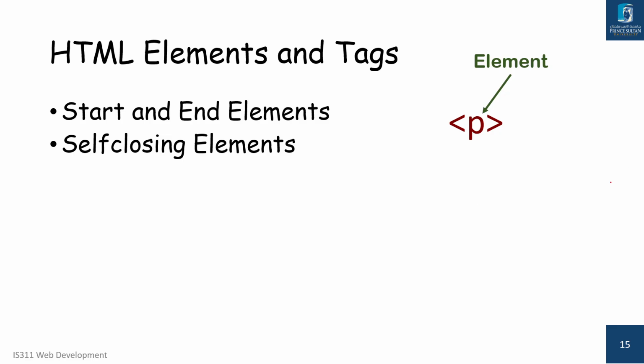But when I put it into angle brackets, then it becomes a tag. And if we want the closing tag, it will be like this: I just put a slash before the element. So this is the opening tag, and this one is the closing tag.